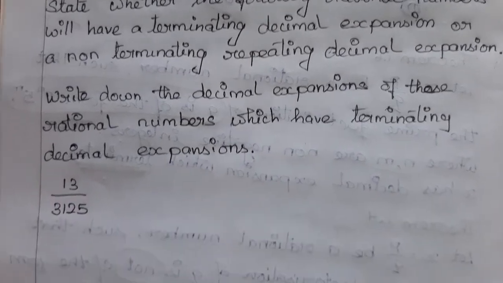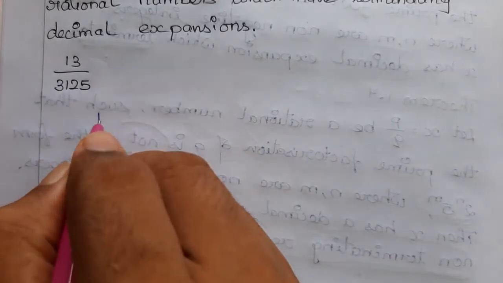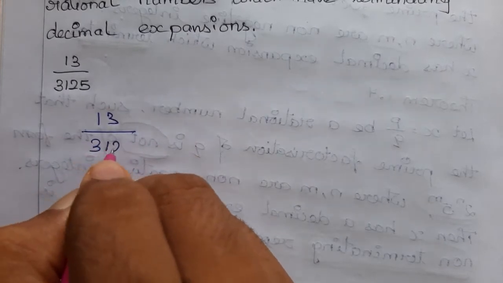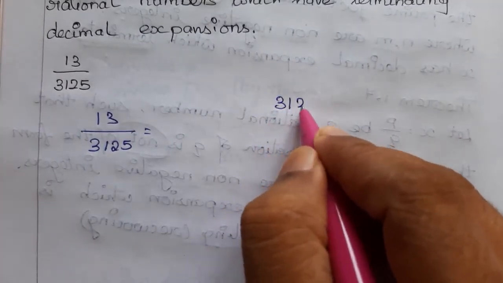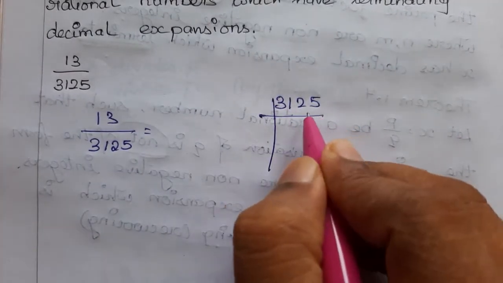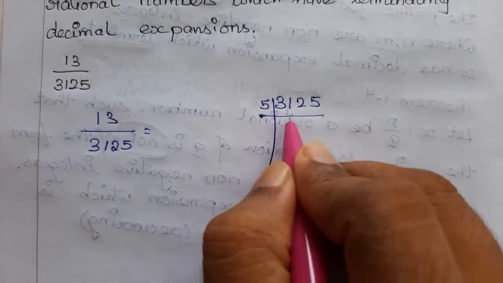Here we go for the problem: 13 divided by 3125. We have to express the denominator in the form of its prime factorization, then conclude whether it is terminating or not. 3125 ends in 5, so we can divide by 5.